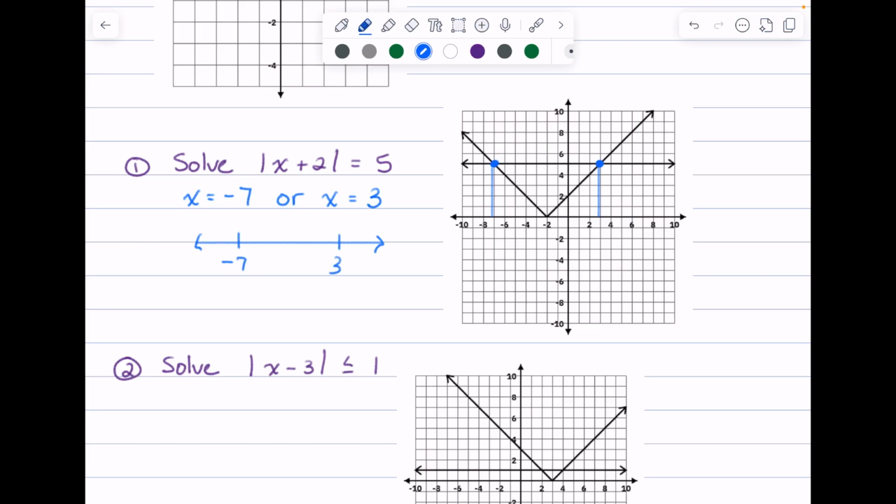And since they can only be equal, then we just put the closed dots. There are no arrows necessary because there's no greater than or less than happening. In interval notation, we don't bother with it. There's really no interval that's going on here. It just wouldn't be interesting or helpful.